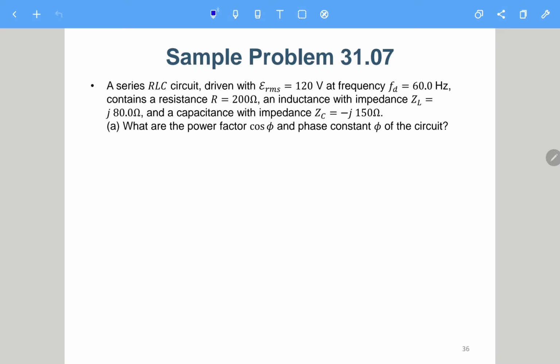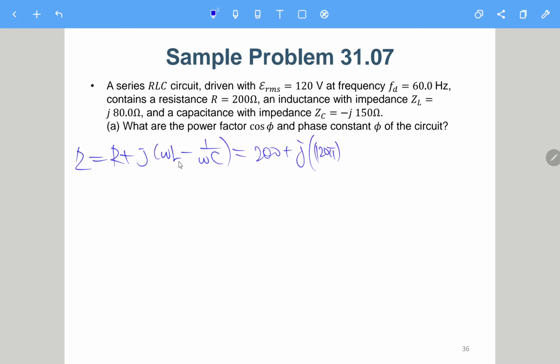So here we have Z equals R plus j omega L minus 1 over j omega C. This R is 200, plus j, and omega is 120 pi as before.